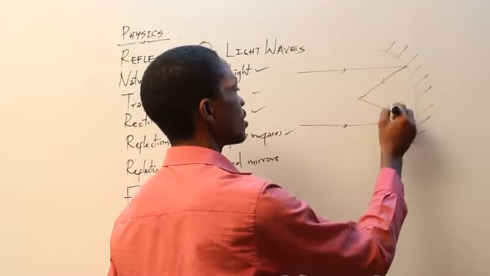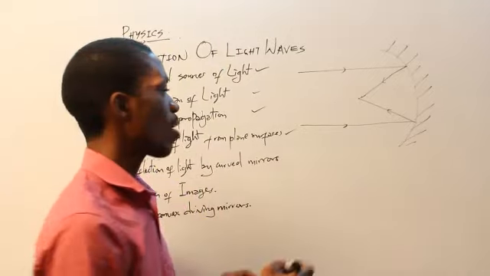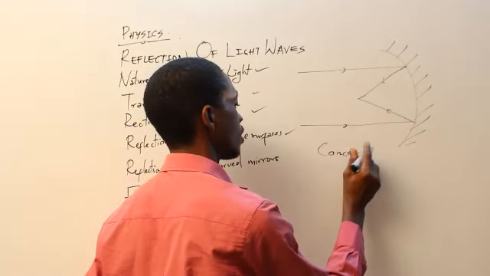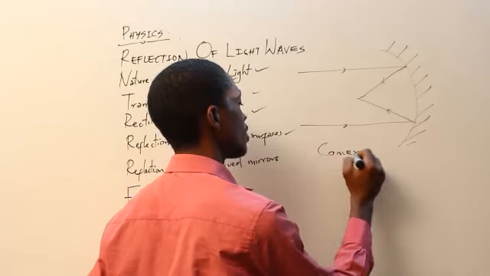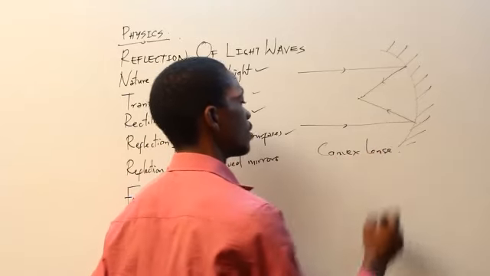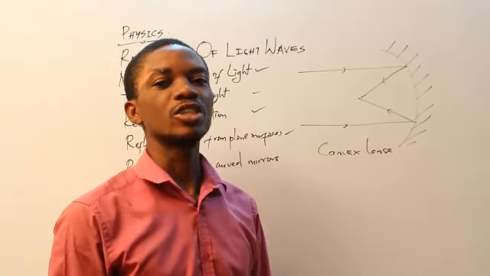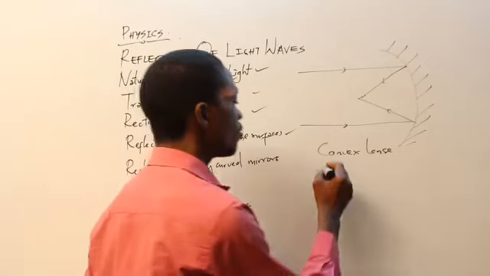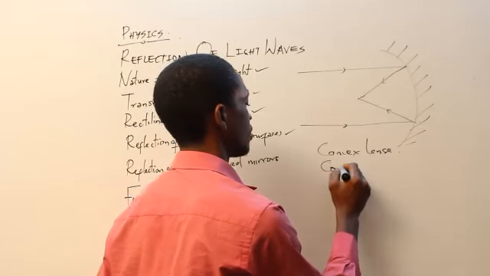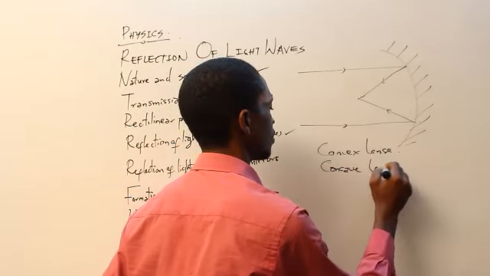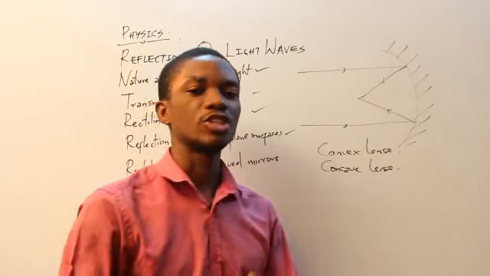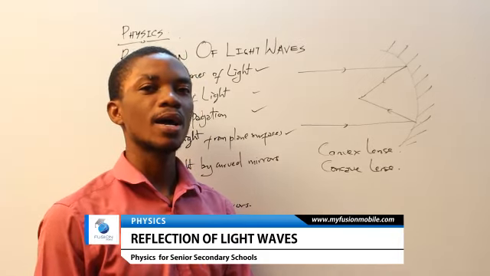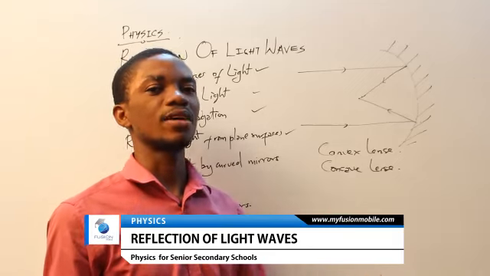So where our convex lens has a converging power, our concave lens has a diverging power.